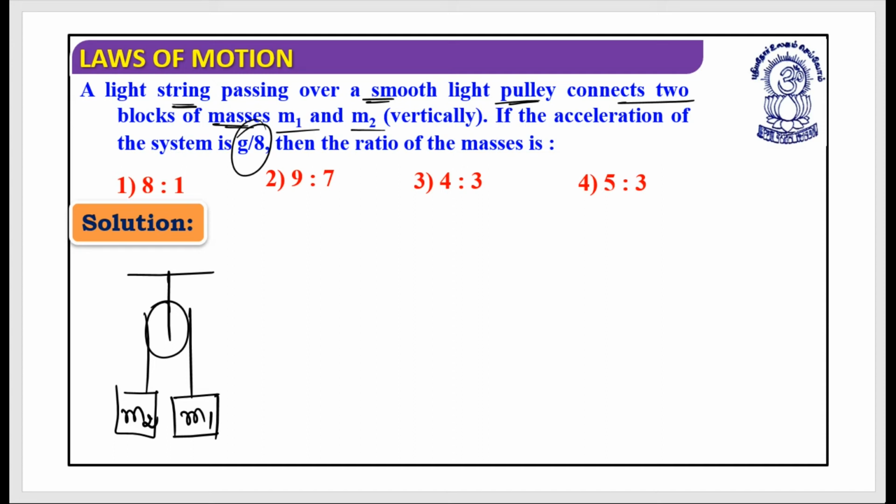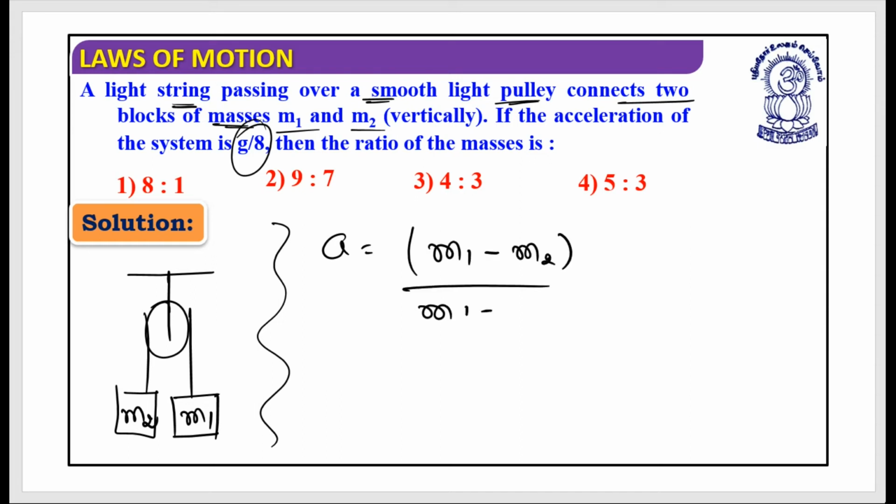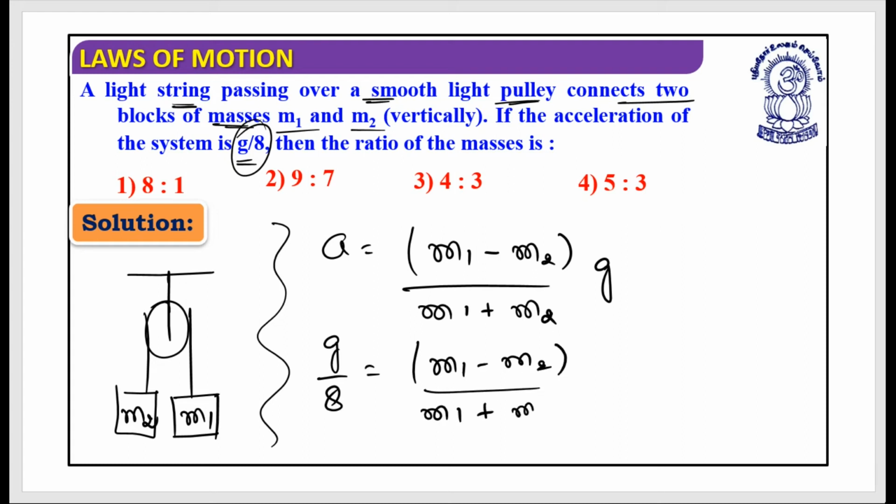The acceleration could be written as (m1 minus m2) divided by (m1 plus m2) into g, and the acceleration given is g by 8. So g by 8 equals (m1 minus m2) divided by (m1 plus m2) into g. This g cancels.